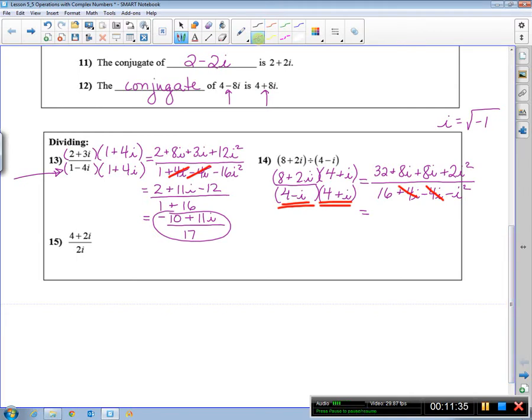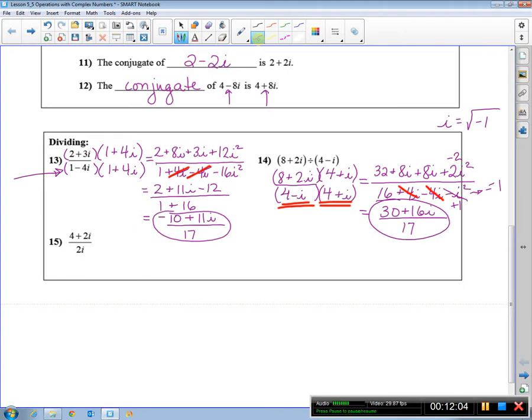You can count on that. This will be negative 2. So I have 30 plus 16i on the top. This will be plus 1 and a 17 on the bottom. If you're subtracting negative 1, that would be the same as adding it.